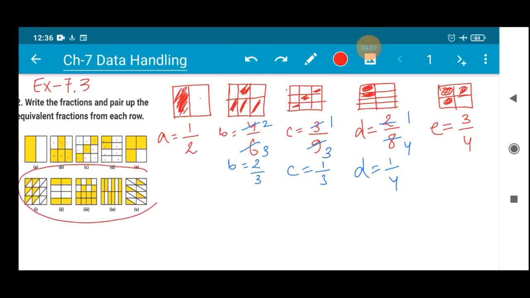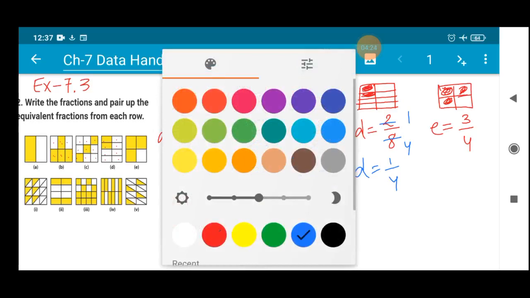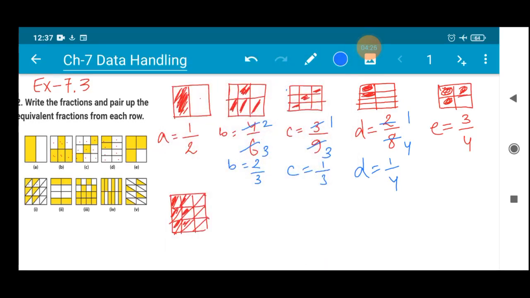Now we will be doing the second one. The figure looks like this. This upper part is shaded. Let's count the total number of parts. Most students make a mistake: they count only 1 2 3 4. It's not like that.